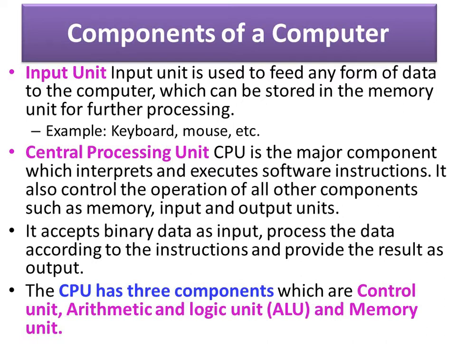It accepts input in the form of binary and converts the data into information as the program specifies. The CPU has three components, which are the control unit, arithmetic and logic unit, and memory unit. These are the important components of the CPU. Which are they? They are the control unit, arithmetic and logic unit, and the memory unit.